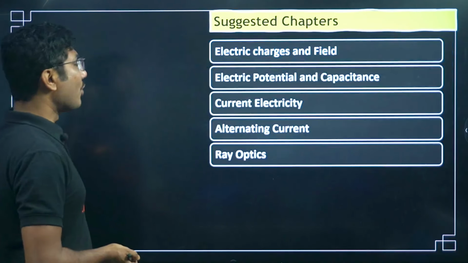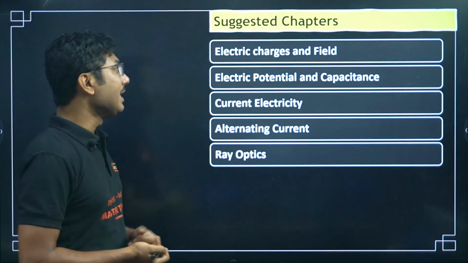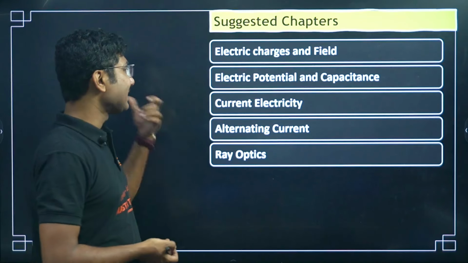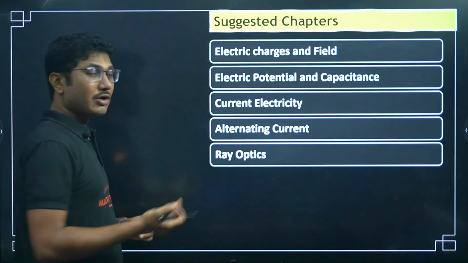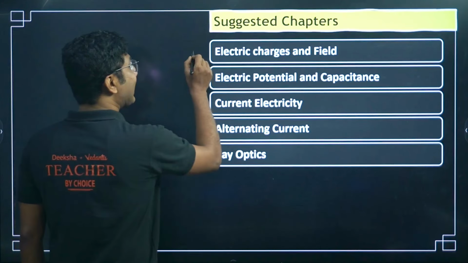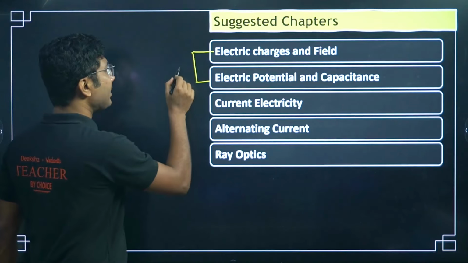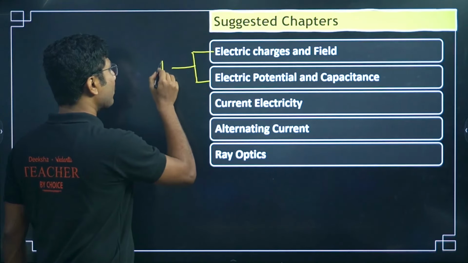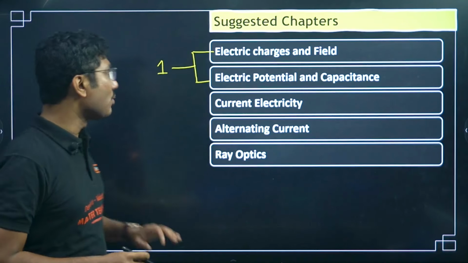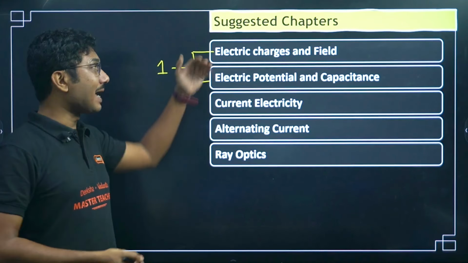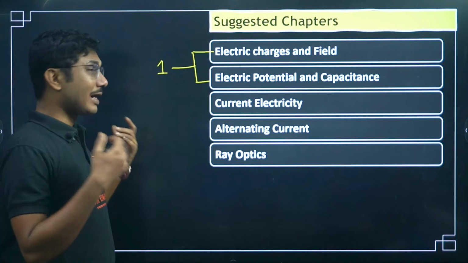Now, let's see the chapters that I am going to cover: electric charges and field, electric potential and capacitance, current electricity, alternating current and ray optics. Out of all these chapters, from electric charges and field and electric potential and capacitance you are expected to get at least 1 numerical question. It is guaranteed you will get 1 question. In your midterm, perhaps you will get one question from each of them, but you cannot expect that.